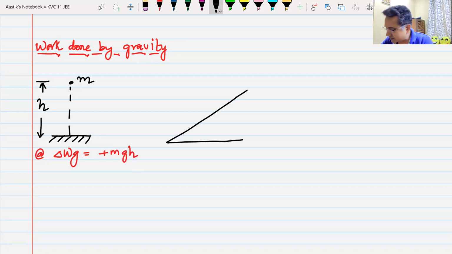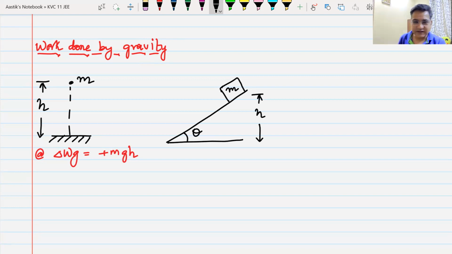Okay. Let me change the scenario. And let me make it like this. This is theta. This is, let us say, height h. And this is m. There is no friction. I leave this body. What happens if I leave this body?